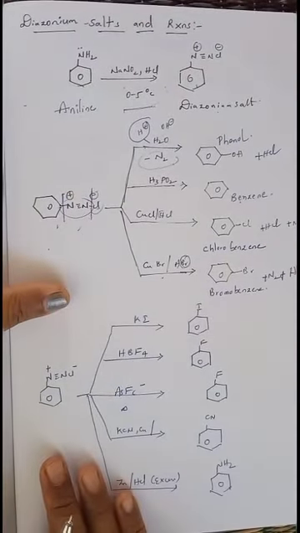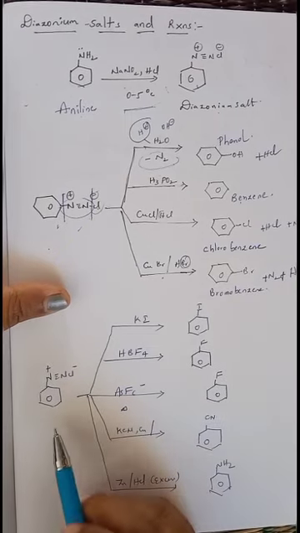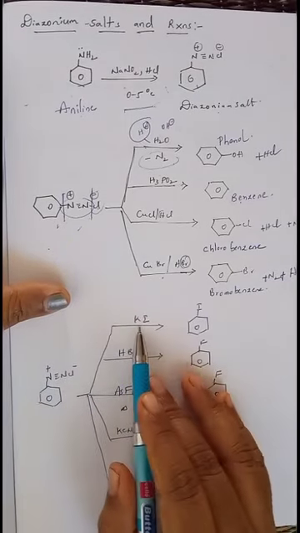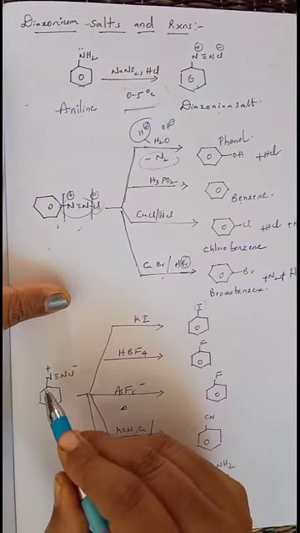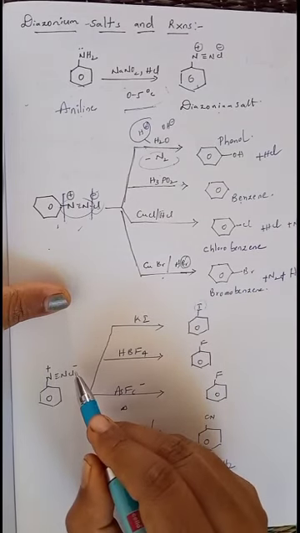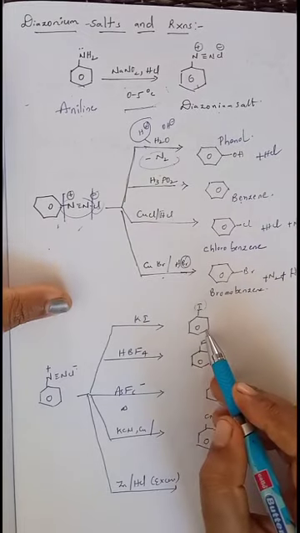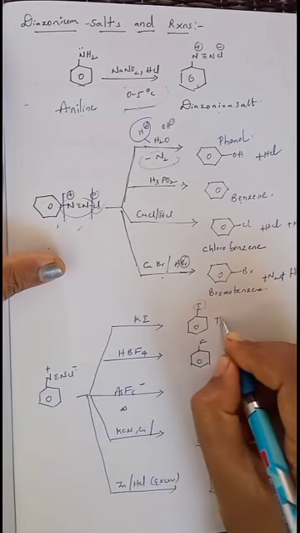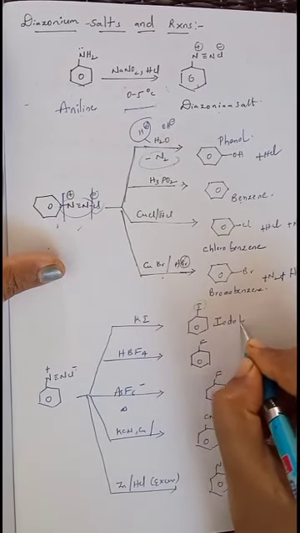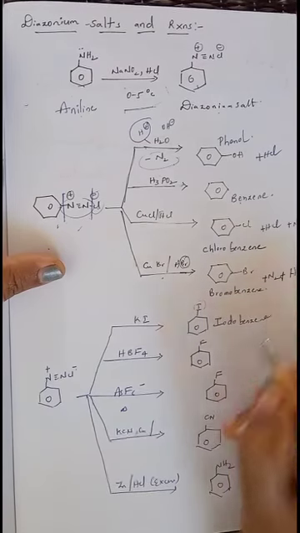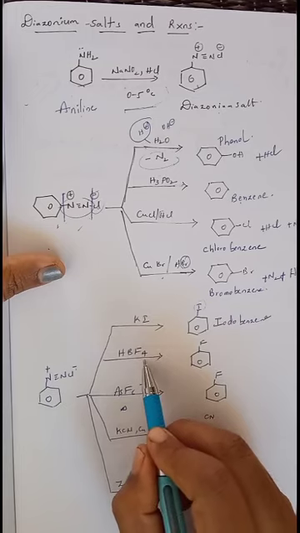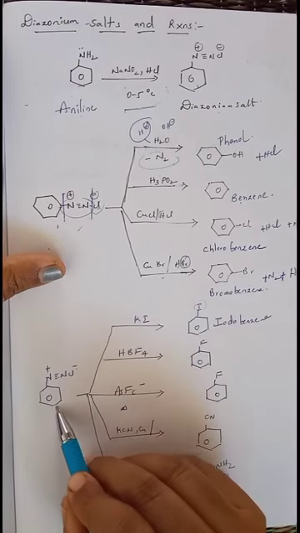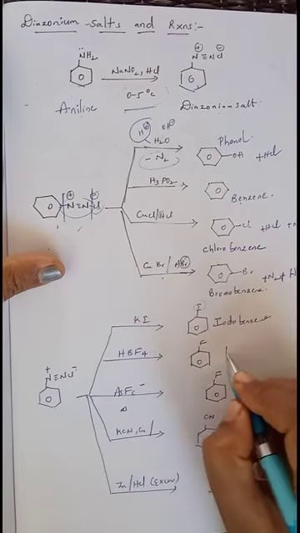Here are the few other chemical properties. When diazonium salt reacts with potassium iodide, this iodine replaces the diazonium group and converts into iodobenzene. This is called iodobenzene. In the same manner, when tetrafluoroboric acid reacts with diazonium salt, it converts into fluorobenzene.